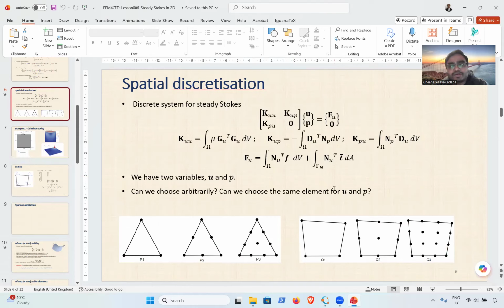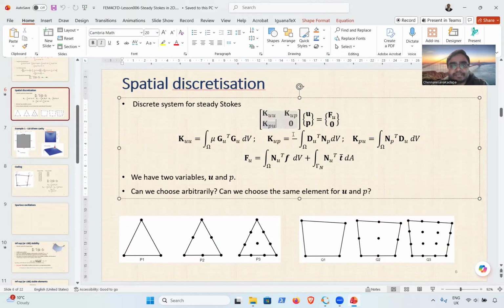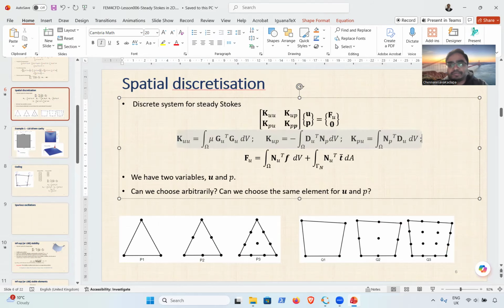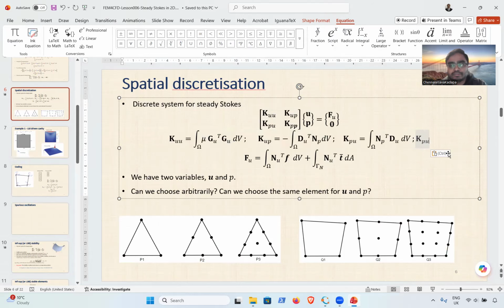So first I'm going to walk you through the calculation of the stiffness matrix. First we see how we calculate these 4 different blocks. There are 3, but I say 4 because we can also take this as KPP, which of course is 0.